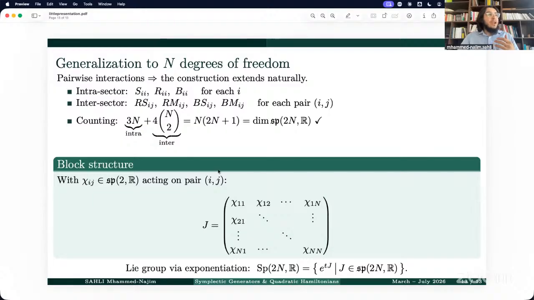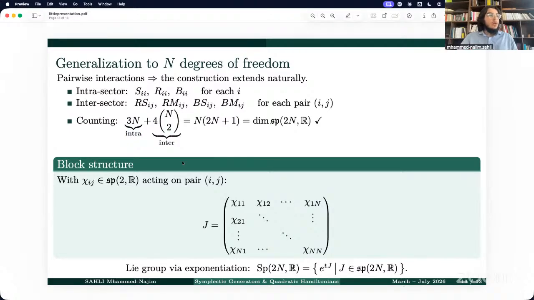So we described our generators S, R, and B for the intra sector, and RS, RM, BS, and BM for pairs of degrees of freedom. When we count for n degrees of freedom, we get exactly n times 2n plus 1 generators, exactly the dimension of our Lie algebra sp(2n, R).